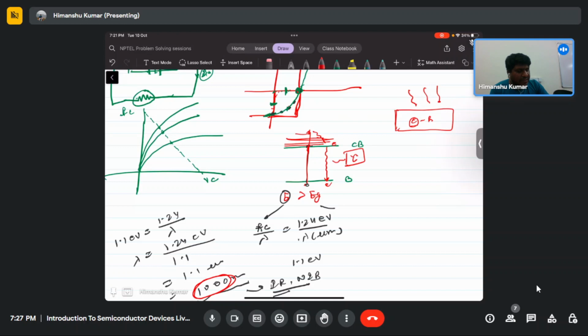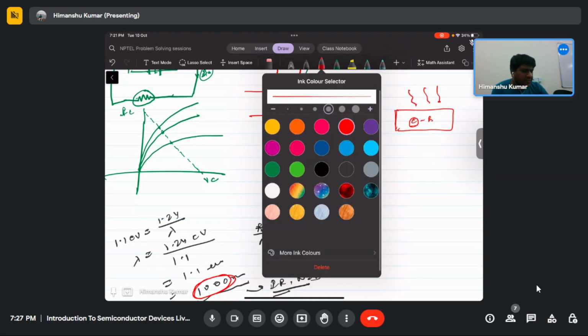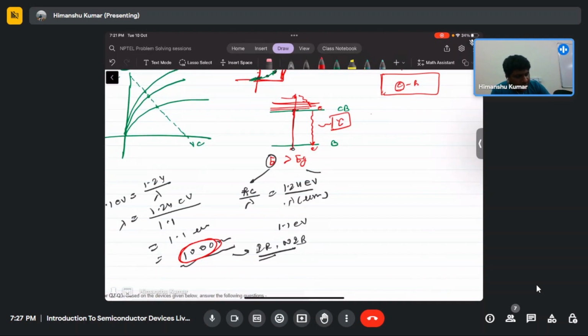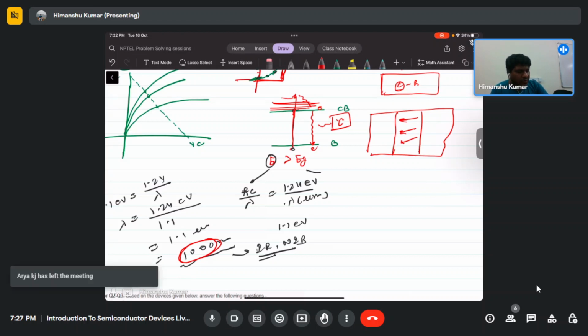If you separate these electrons and holes by applying a field, then you can generate current. That is the idea behind junction photodetectors or junction solar cells. At the junction there is a width where the electric field exists. Suppose this is the p region and this is the n region. If you generate electron hole pairs in the other regions, there is a large probability that they will recombine there itself.